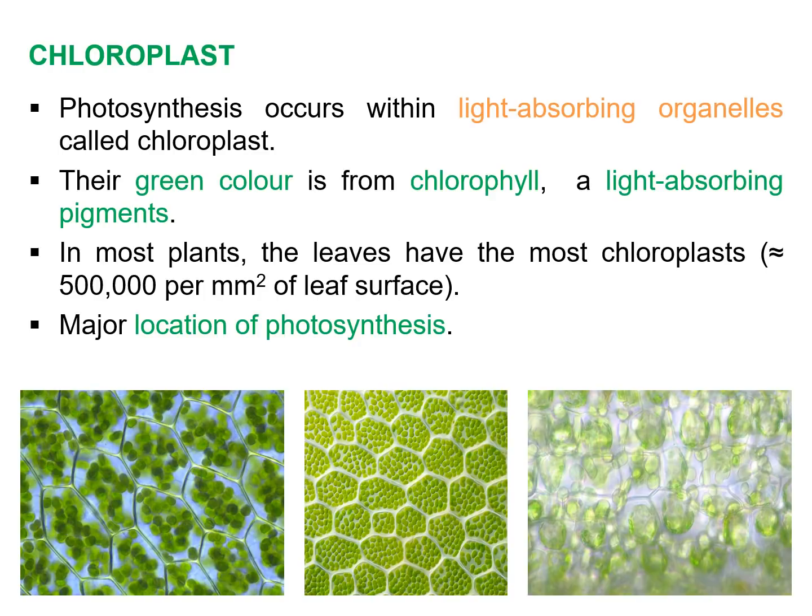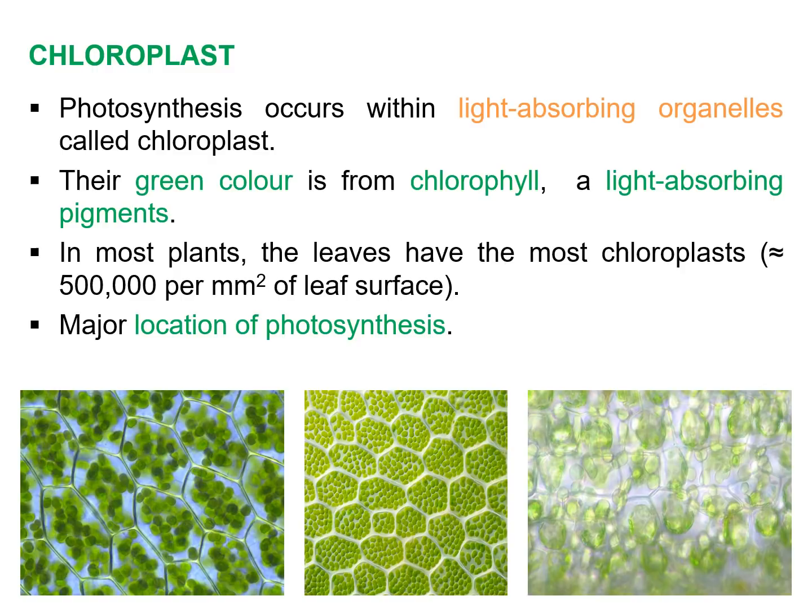In most plants, the leaves have the most chloroplasts, almost up to 500,000 per square millimeter of leaf surface. It means that regardless of the size of the leaf, the efficiency of the leaf to perform photosynthesis by having chloroplasts in the leaf structure is optimized.